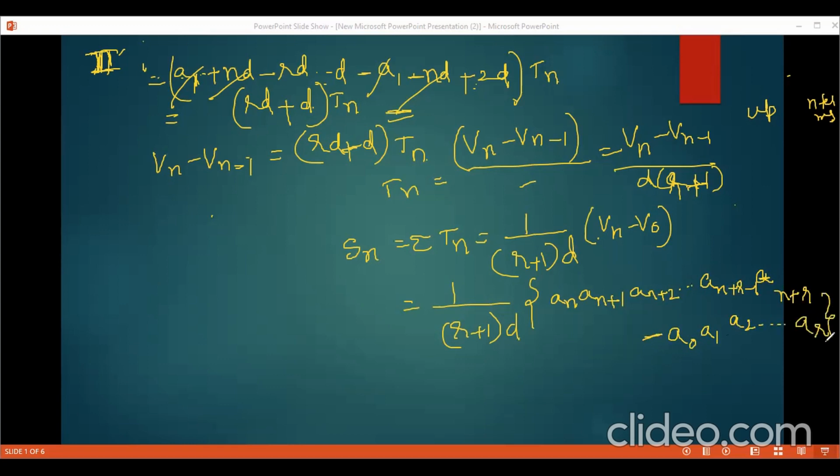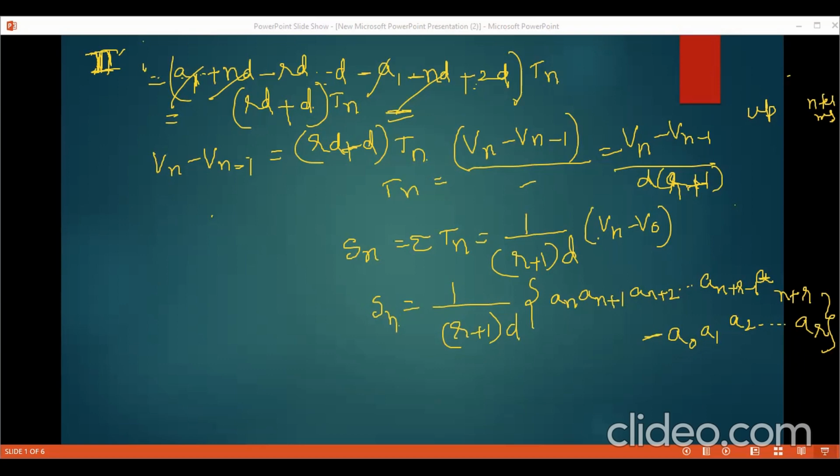Okay. This is our final formula, if the problem is in the form of A1, A2, A3, so on, AR, then A2, A3, A4, AR plus 1, like this. So this is our main formula. Got it? Yes.